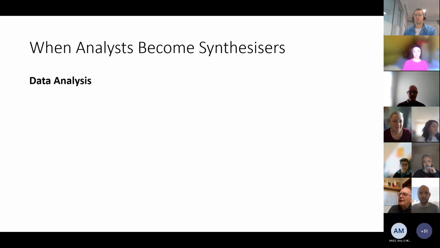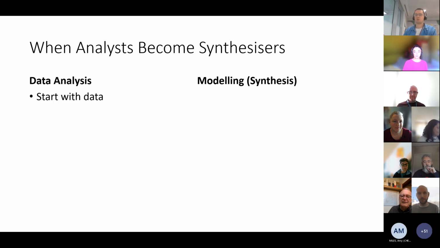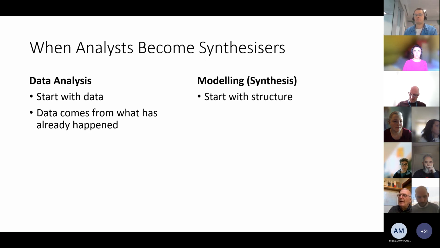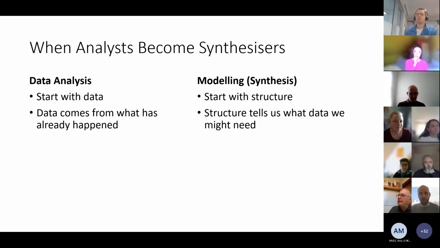But we might say that with data analysis, you start with data, and with modeling, you start with structure, with a sense of how things connect, and that your data comes from what has already happened. Generally, that's not to say you don't do some forecasting, but the data that you have is a description of the world as it has been.